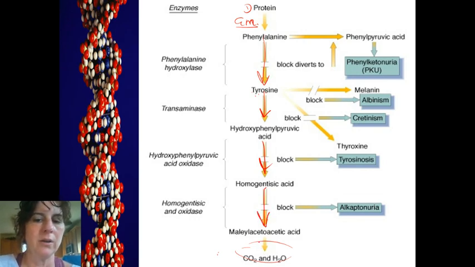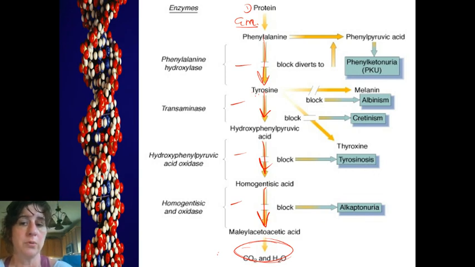Most of us have all of our enzymes built correctly, and we end up along the right path. But if you inherit a genetic mutation somewhere along the way, you can have one of those disorders. You're not going to have all of them. It just depends on where the block is as to what proteins are going to build up in your body and what your outcome is going to be.